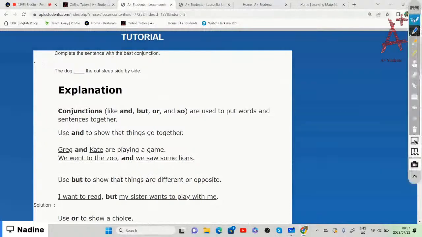We need to choose either the dog and the cat, the dog but the cat, or the dog so the cat. In this case, it is the dog and the cat sleep side by side. So this is and. So the dog and the cat sleep side by side.